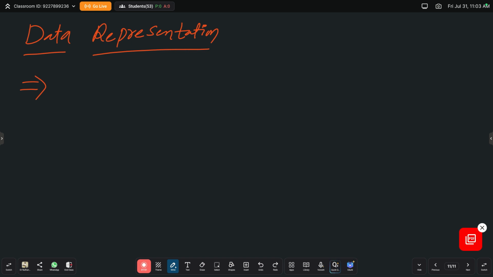For example, in C programming, the categories are integer, float, char. Why do you give a data type in a programming language? So your compiler can understand very easily. For example, in C programming, if you write int a, what is the compiler going to understand?